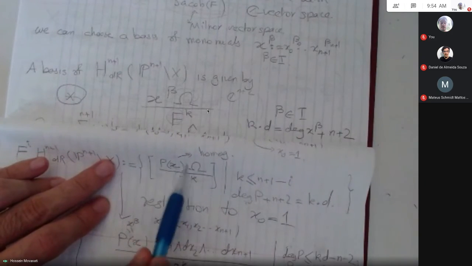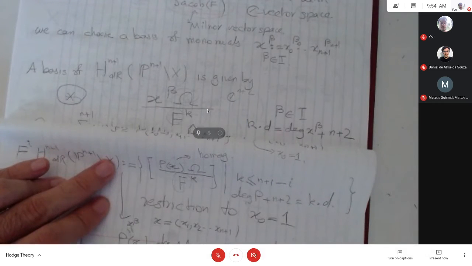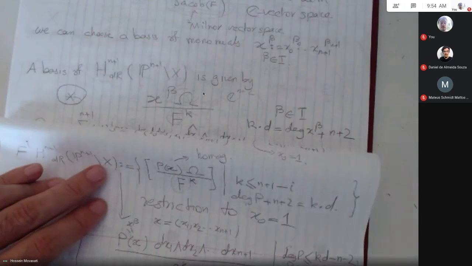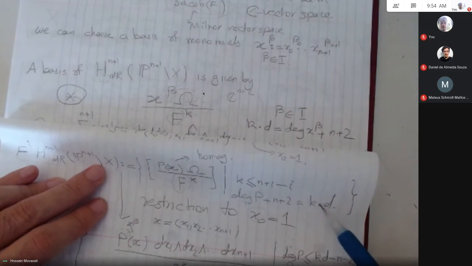So P x, the degree of P, that's n plus 1, it must be this one, and it's divided by d.